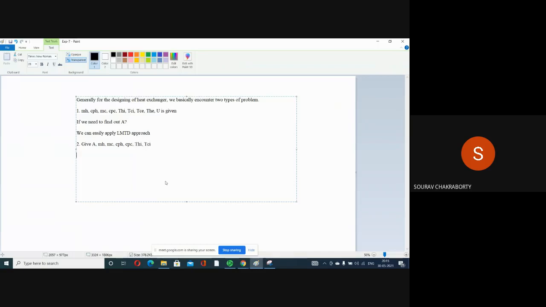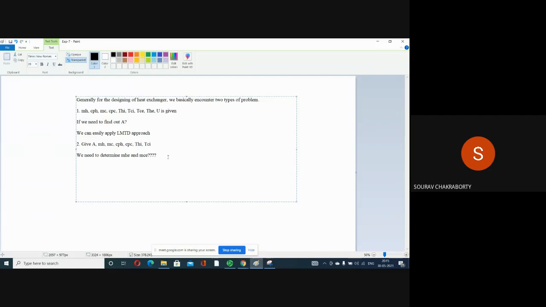Okay, and we need to determine THE and TCE, where E stands for exit, because we have used the E term throughout the previous lecture also. So we'll use E. Okay, we need to determine these terms.